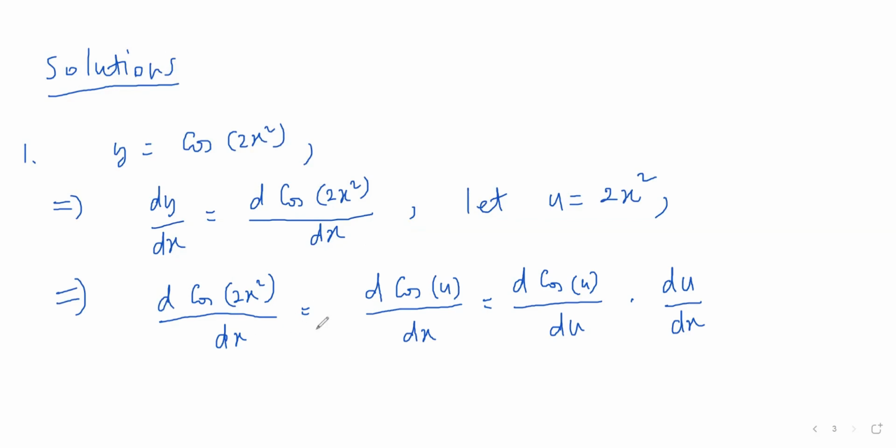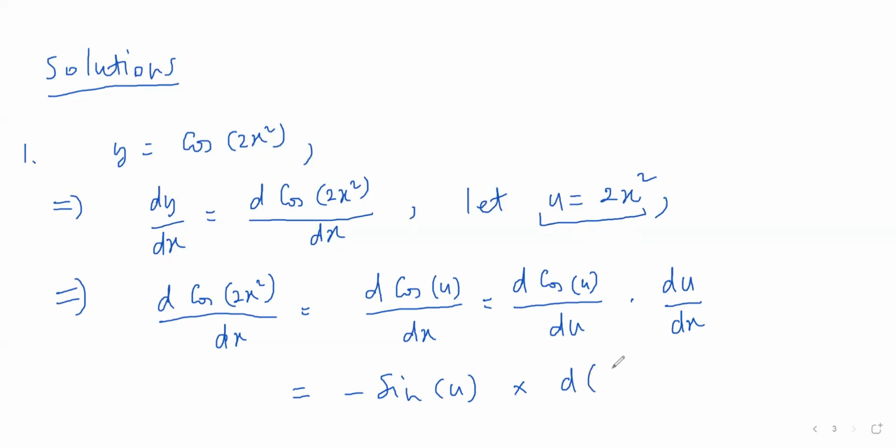So let's go ahead and continue with the calculation. We have to work out the derivative of cos u with respect to u. And the derivative of cos u with respect to u is minus sine u. We multiply this by the derivative of u with respect to x. And u, as we noted, is equal to 2x squared.